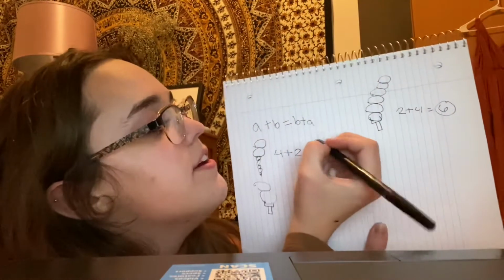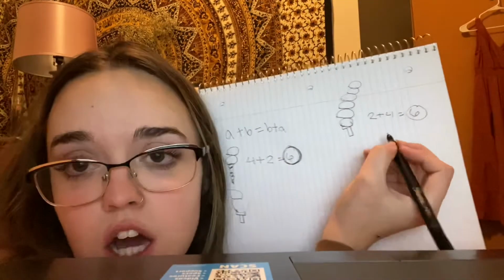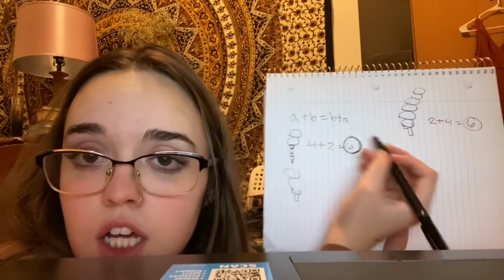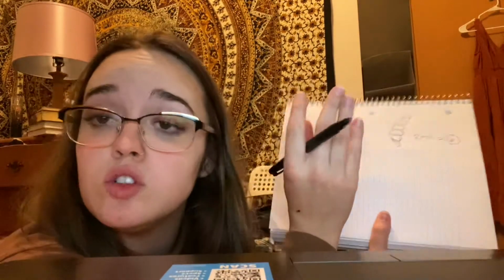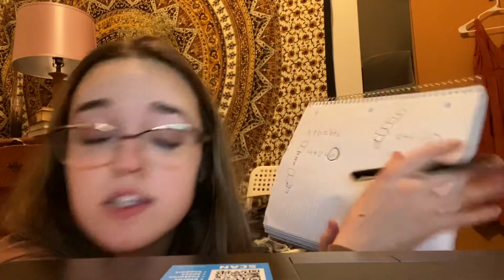I'll explain it to you. The value that you end up with does not change no matter what order you do your math in. So you can have 2 and then have 4 and get 6. Or you can have 4 and then 2 and then get 6.